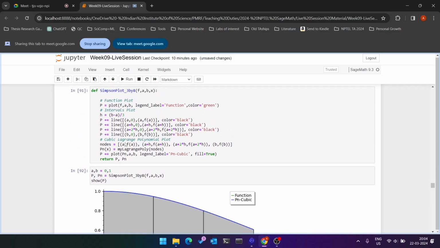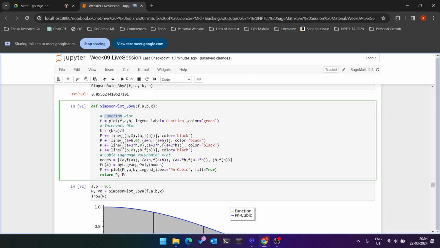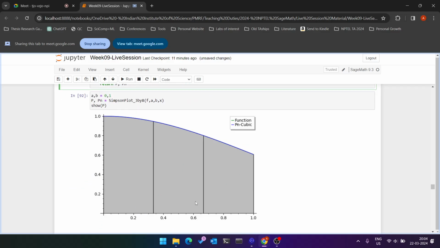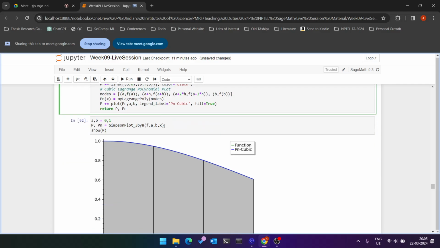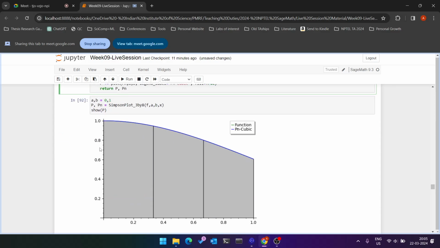We are plotting the function f and the cubic interpolation polynomial based on Lagrange interpolation, and also plotting lines at every 1 by 3 for the cubic part. So this is how it looks.